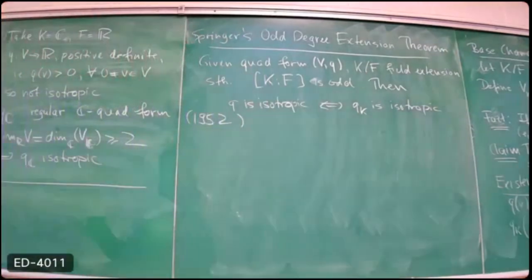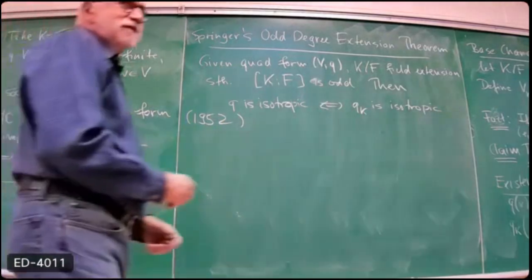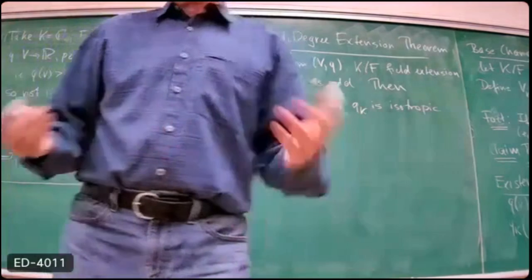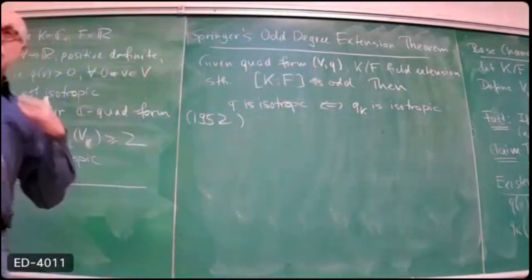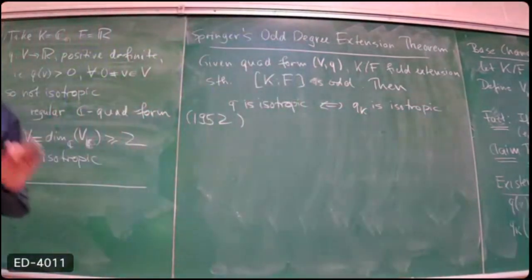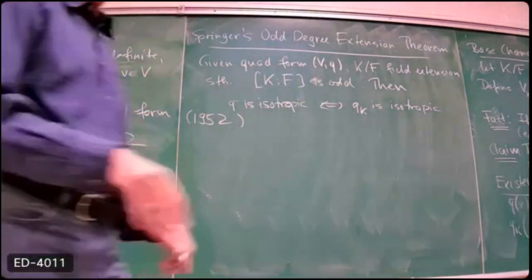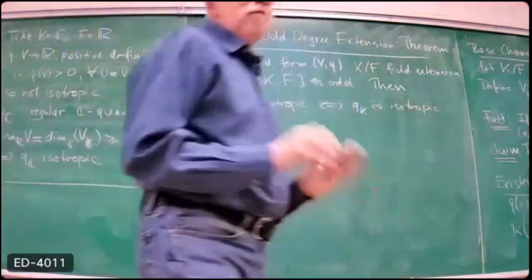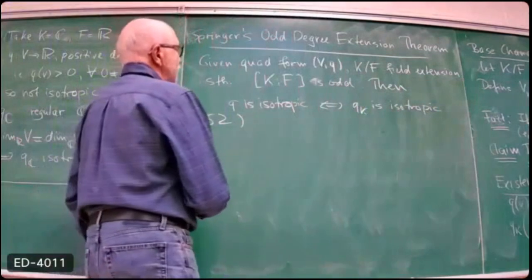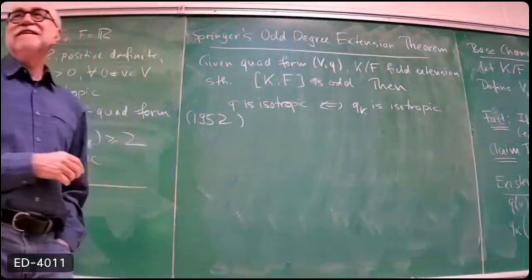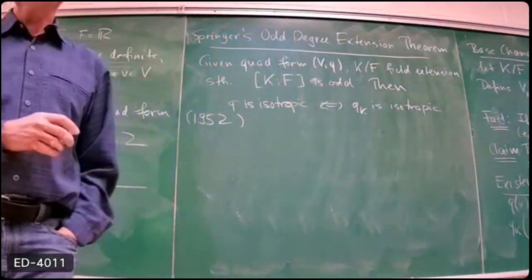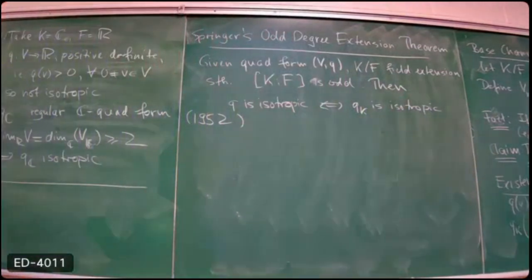And so it's called Springer's odd degree extension theorem instead of Artin's odd degree extension. Right? So, moral of the story for all the young guys: don't wait if you have a result, publish. Publish or perish. Okay. Right.